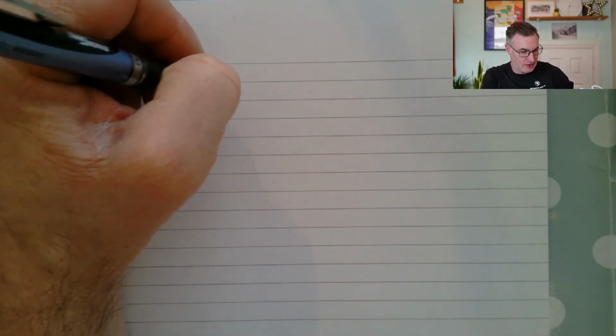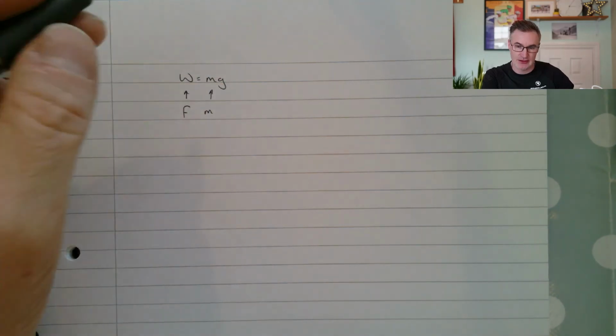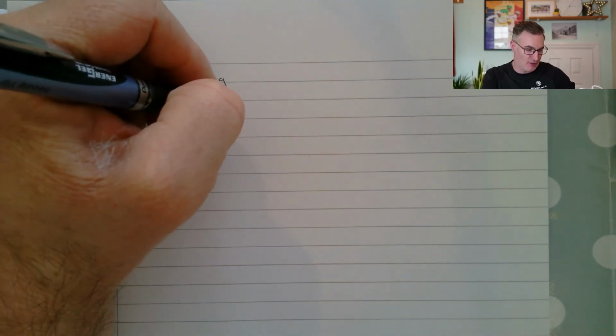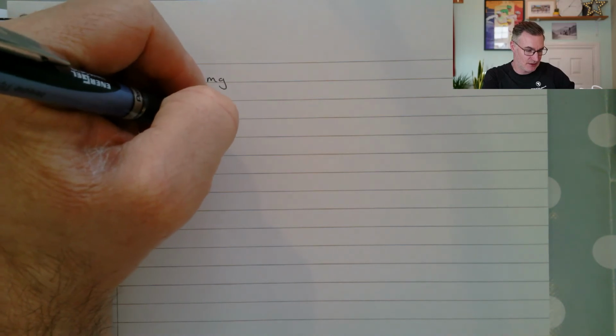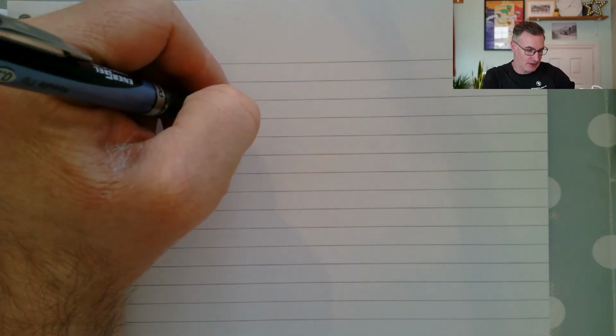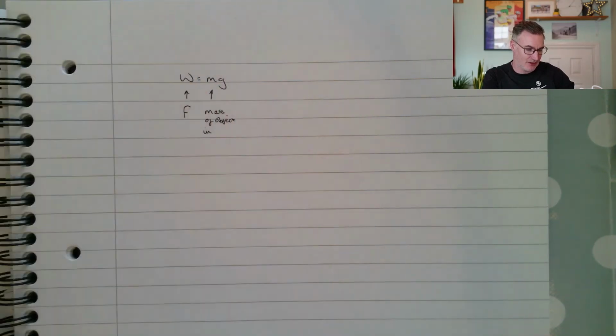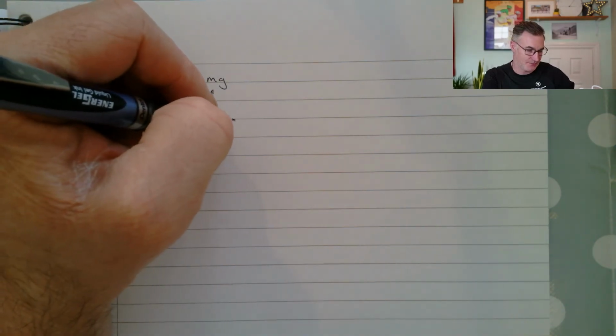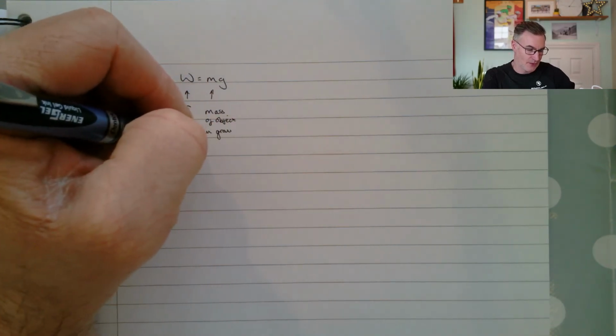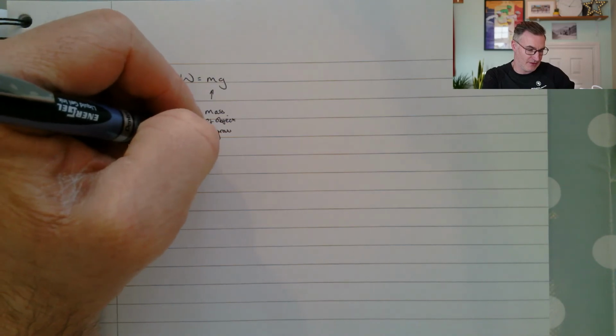And so this is the force per unit mass that would be applied to an object. And if we're going to analyze this, we would have the force here, the mass, and so this would be the mass of the object in the gravitational field.